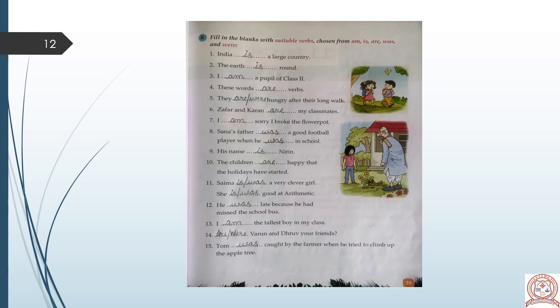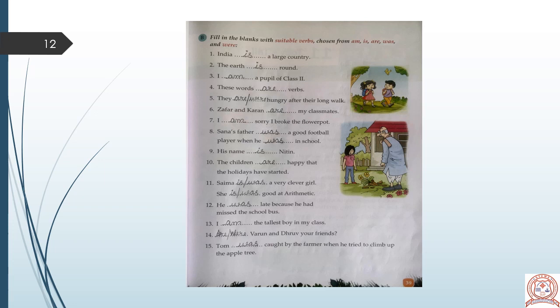They are or they were hungry after their long walk. We can use both are and were. Zafar and Karan are my classmates.